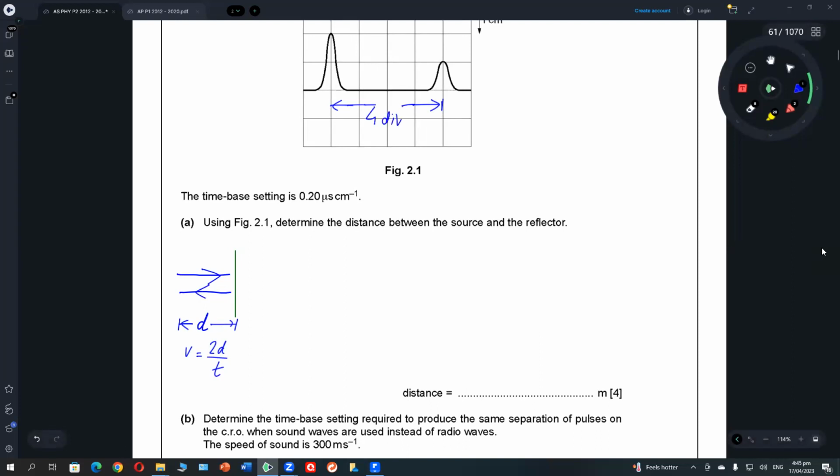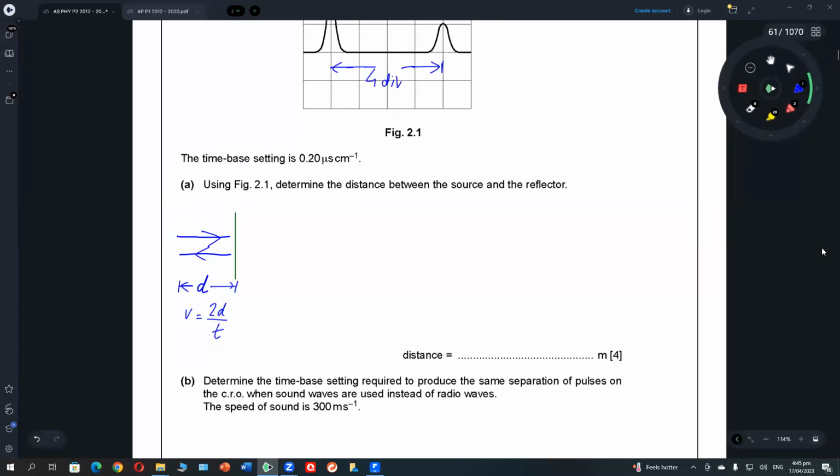There are 4 divisions and 0.20 microsecond per division. So I can find the time: 0.20 into 4. It will be 0.80 microsecond.